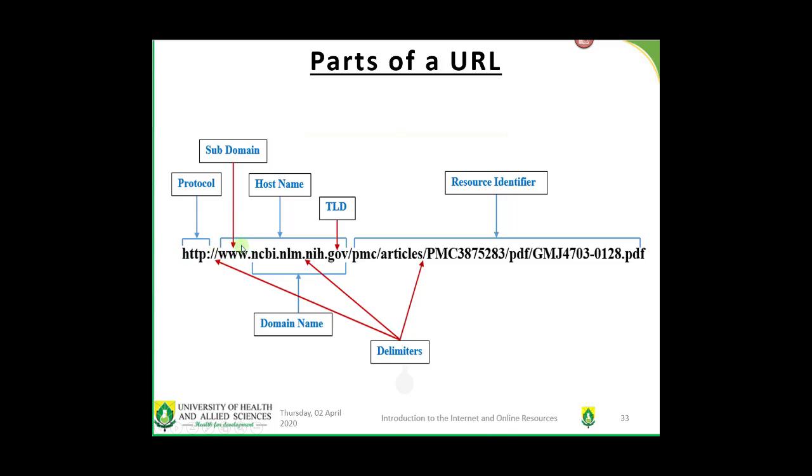Then the www here is a subdomain. Sometimes you have websites that actually omit this, you don't see it. But actually, once you are using a web service, you definitely are using the www.